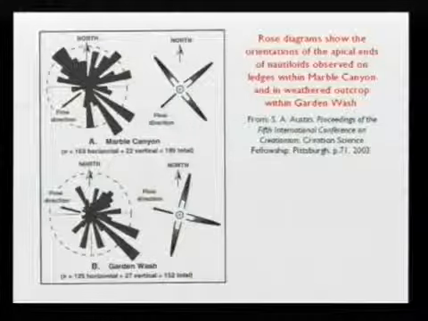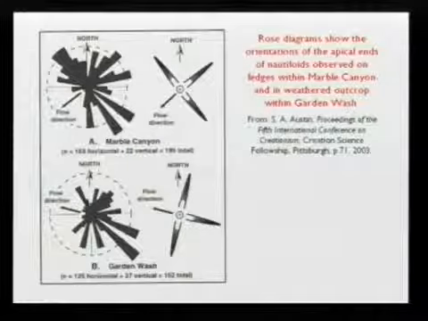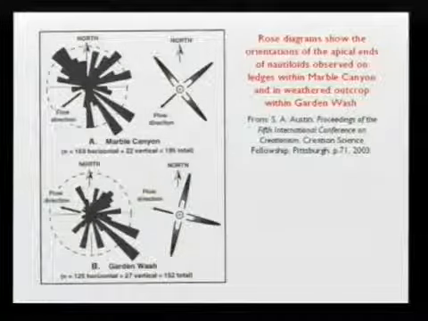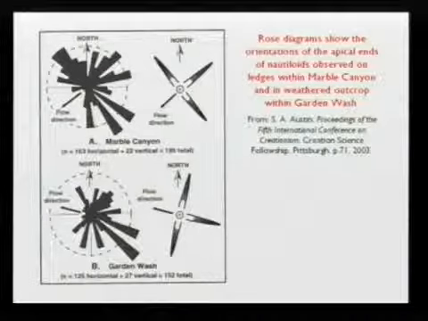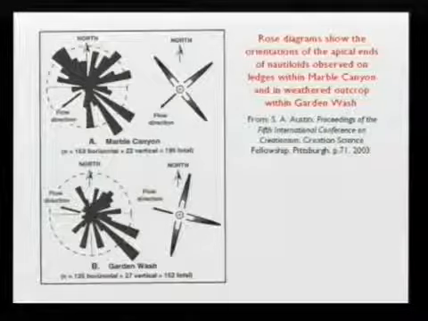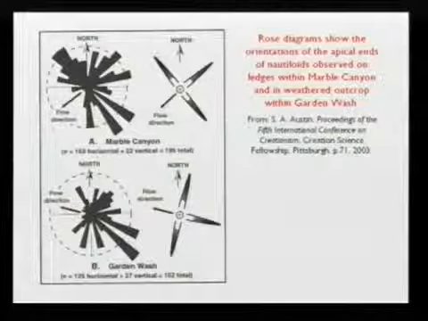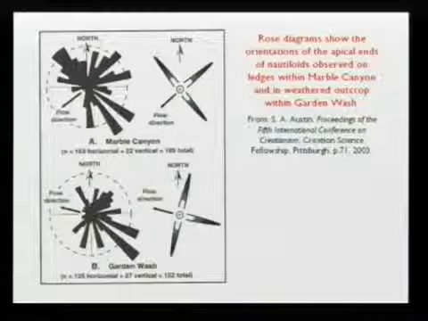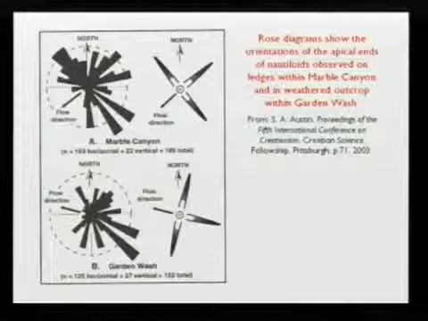Now, what they reveal, and Steve discusses this at some length in his paper, is a quadrupolar orientation pattern. In other words, there are 4 dominant directions of orientation, but you'll notice that there's a deficiency of nautiloids that have their apex end, the apical end, pointing in the direction of the flow. This is a pattern that tells you that there was a strong flow in that particular direction.